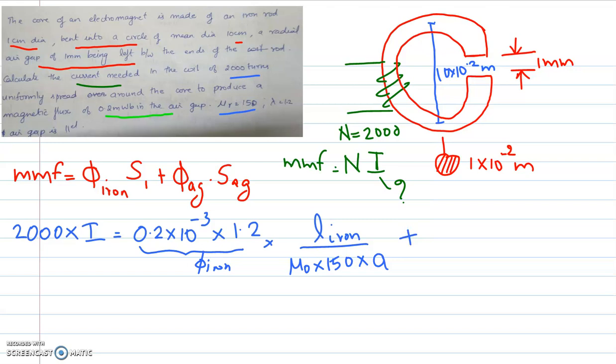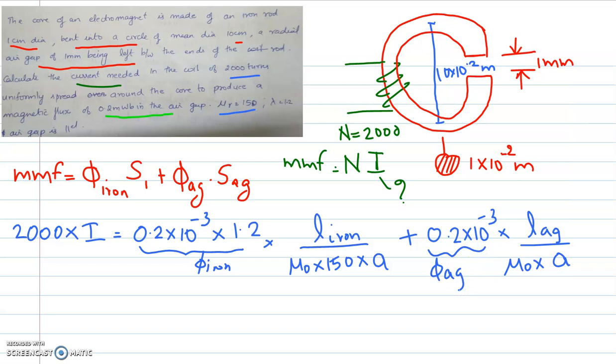So it is already given as 0.2 milliweber, 0.2 into 10 to the power of minus 3 into length of the air gap divided by mu 0 into mu r is 1, because air gap relative permeability is 1, into area. So this is nothing but flux in the air gap.